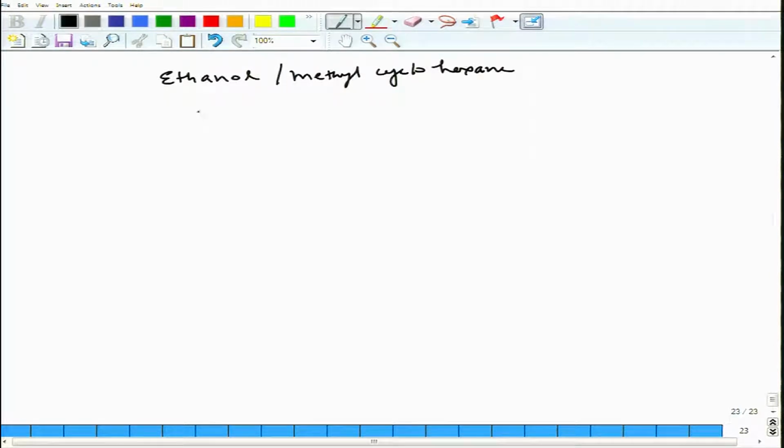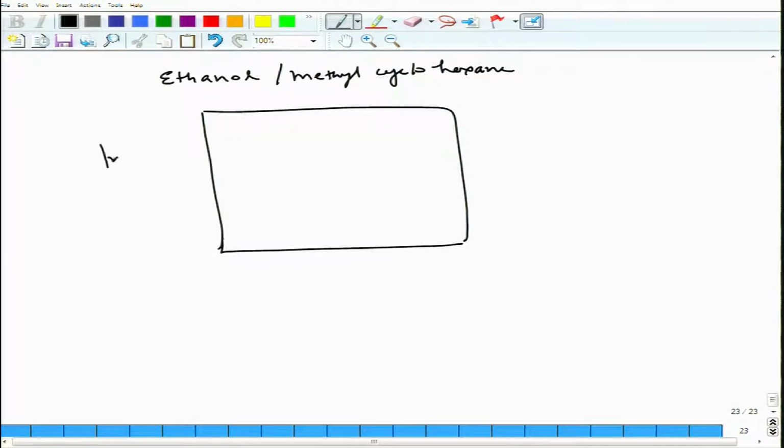Okay, so here you have this ln gamma 1 by gamma 2 versus x1. It's a complex shape as well as the hydrogen bond. In this case, you need 4 parameters, and the way the data looks like is this. Okay, so there are 4 parameters.